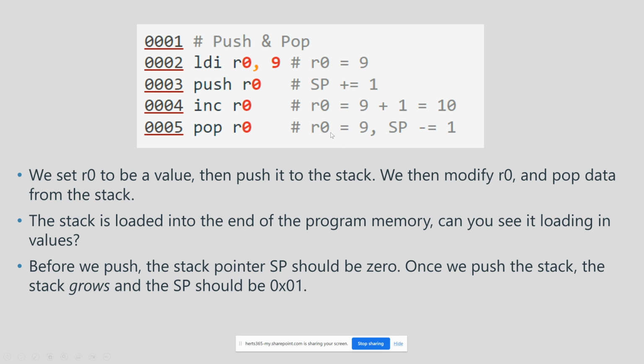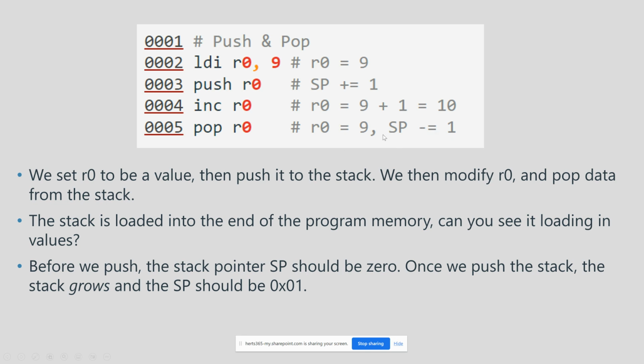Okay, here, as you can see, we say R0 equals 9, SP minus equals 1, SP plus equals 1. What that means is SP equals SP plus 1, because here we're incrementing, while here we say SP equals SP minus 1, here we are decrementing.